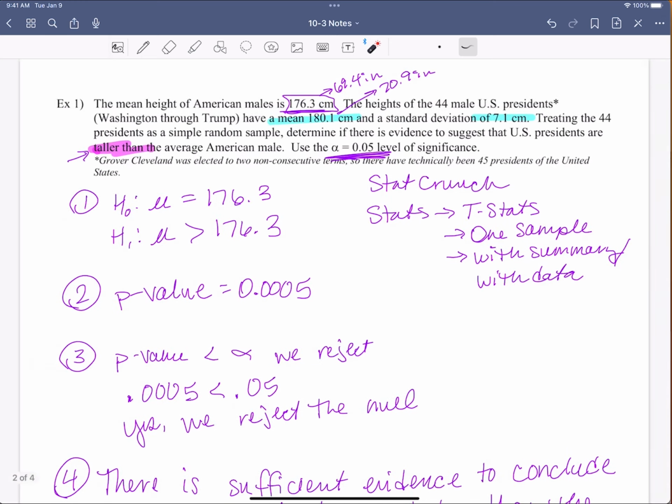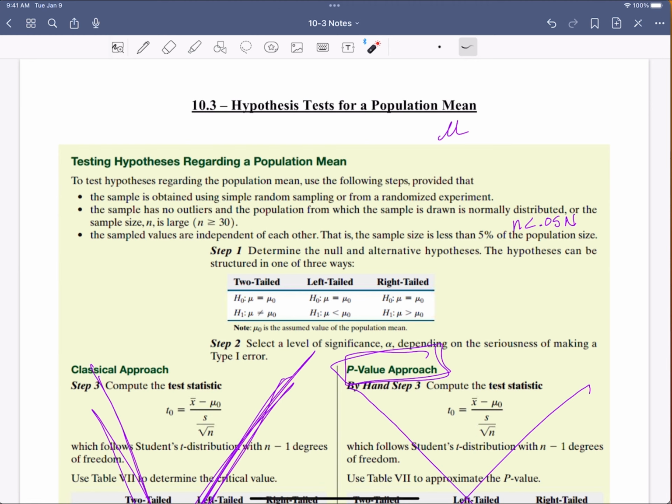Now, let's swing back over here real quick. When we're looking at this sample, it is obtained using simple random sampling. Nailed that. The sample has no outliers and the population is normally distributed, or the sample size is large. Our sample size is not large.